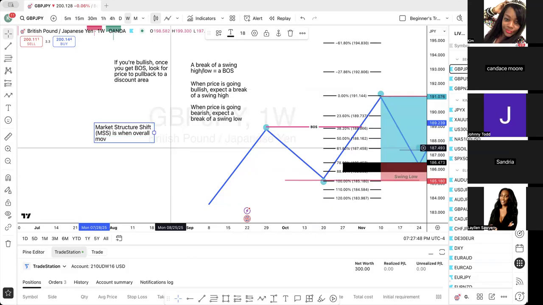When the overall move is bullish, and when you get a bearish pullback, and you see the market shift back to bullish, that is a market structure shift.